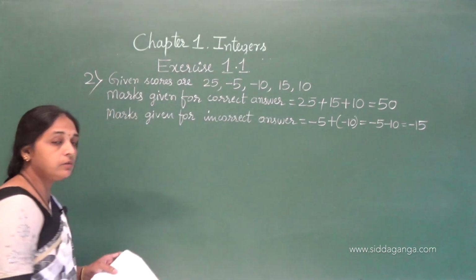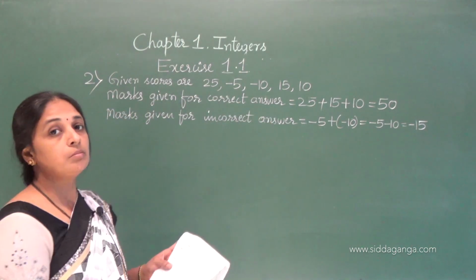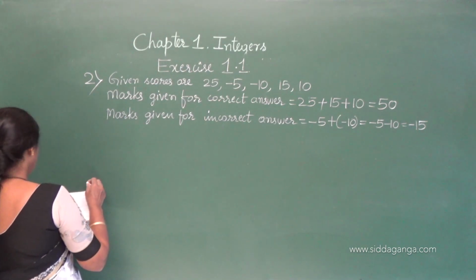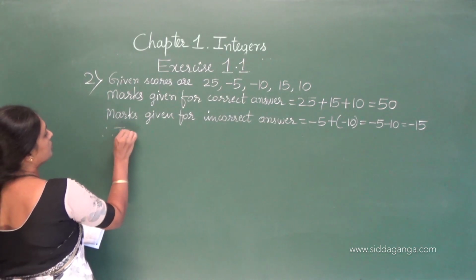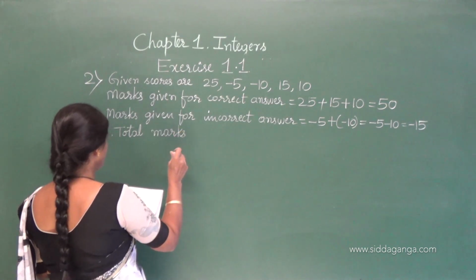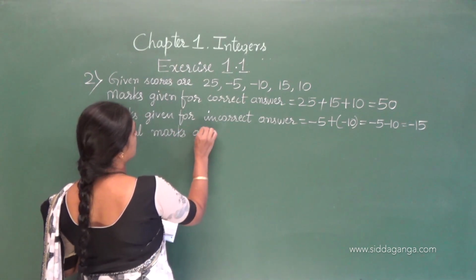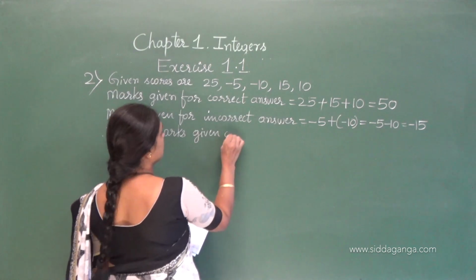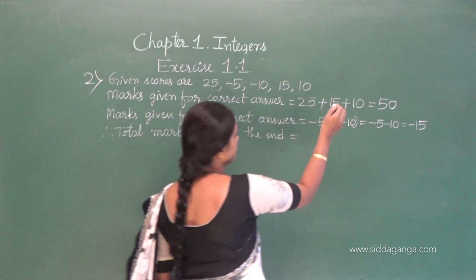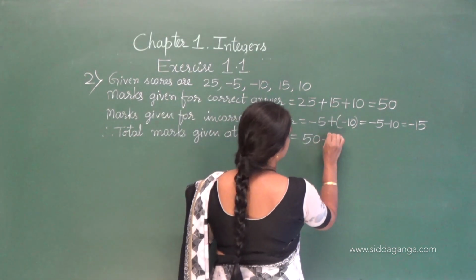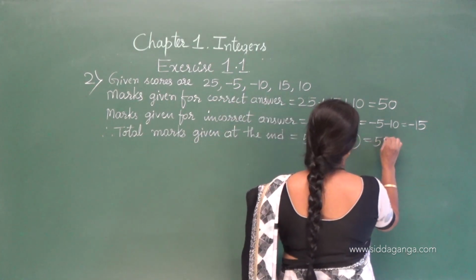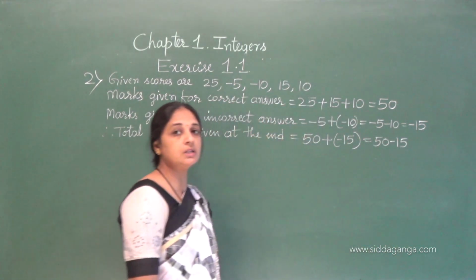Okay. Now we have to find the total marks he scored in the quiz. Therefore, total marks given at the end is equal to 50 plus -15, that is equal to 50 minus 15.